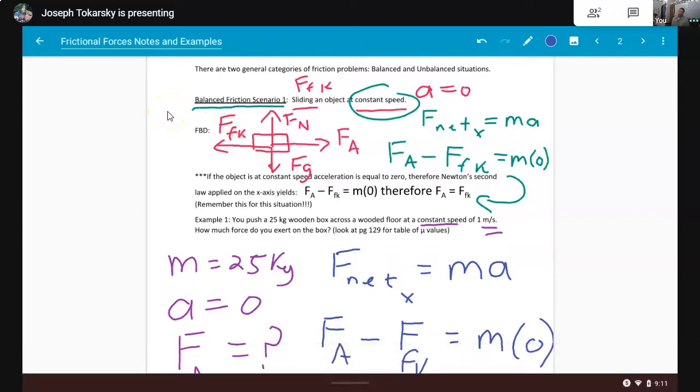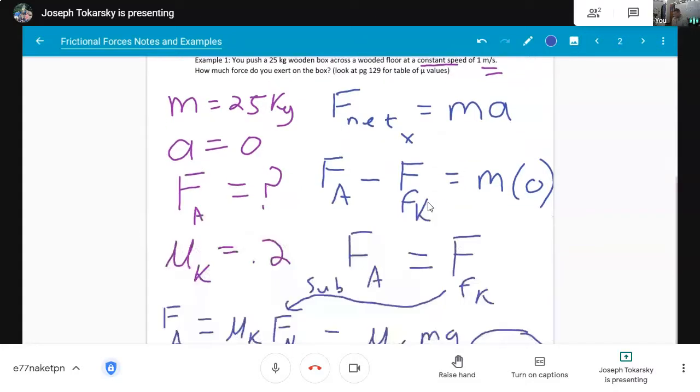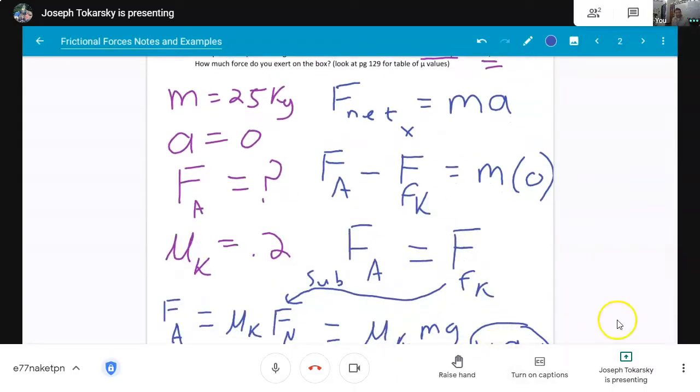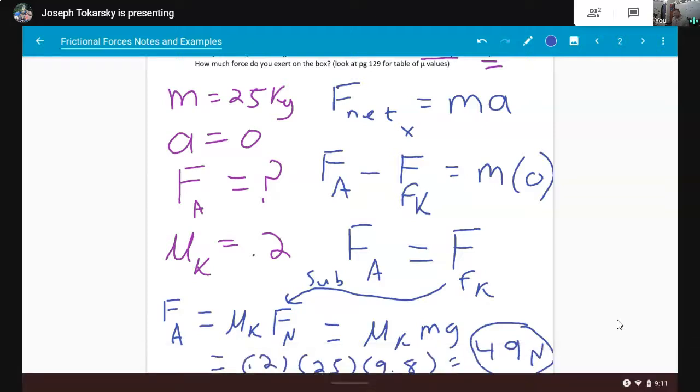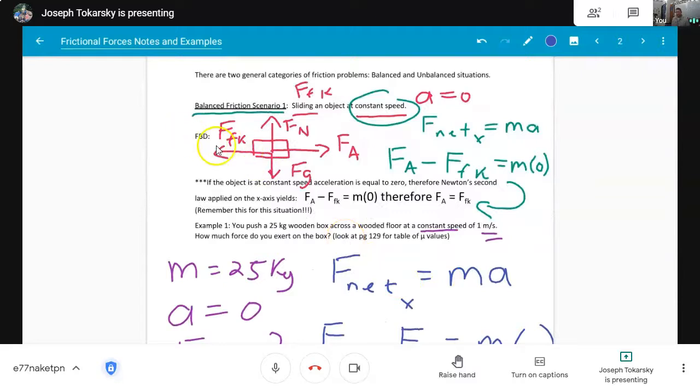Another thing that could happen, when you're pushing something, especially something heavy and maybe for a long time, sliding it, you might get tired. And maybe you can no longer push with 49 newtons if you get tired, right? Maybe you now can only push 30 newtons. If that's the case, kinetic friction while you're in motion and sliding is still going to be 49 newtons.